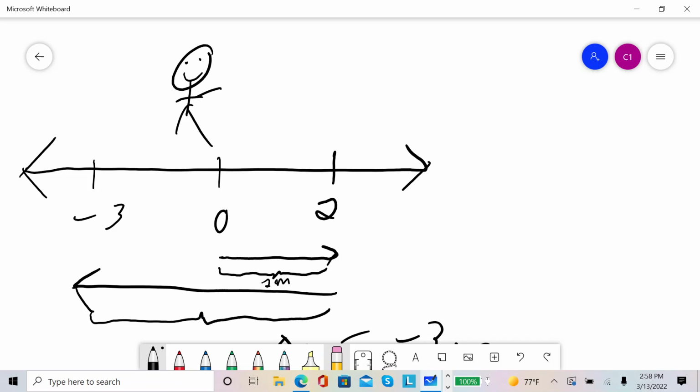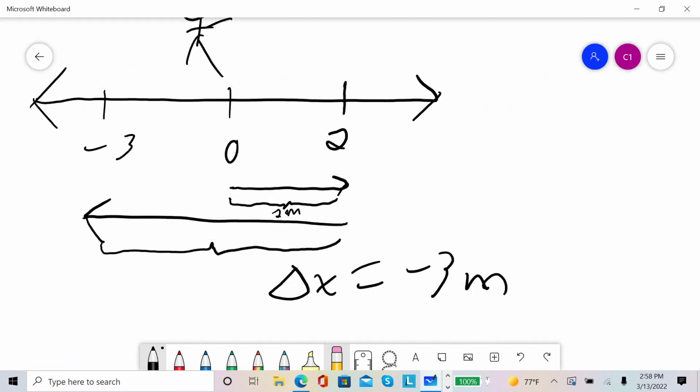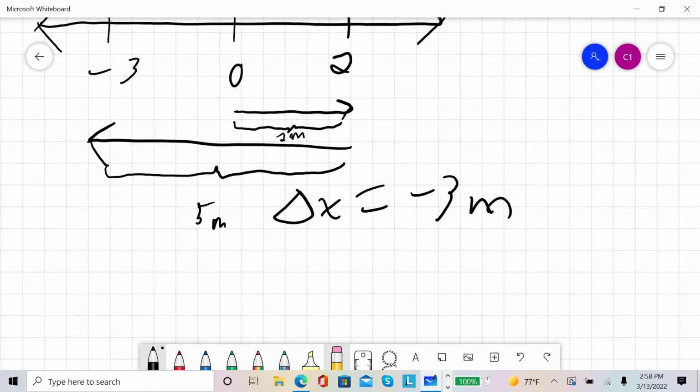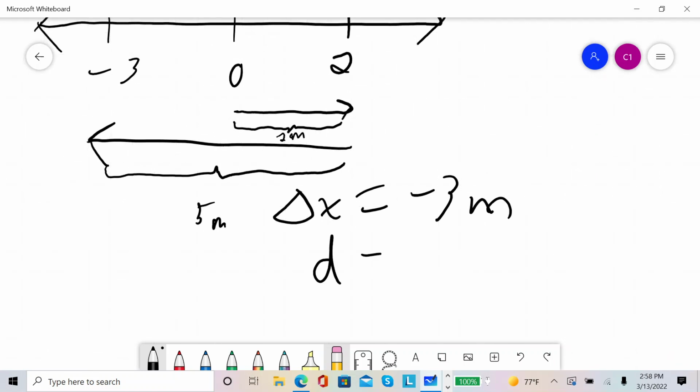And in this part, he went from 2 to -3. That's 5 meters. Meaning his distance, which I'll denote as d, is going to be 2 plus 5, 7 meters. Again, distance is how far you travel, while displacement is how far you are from your starting point.